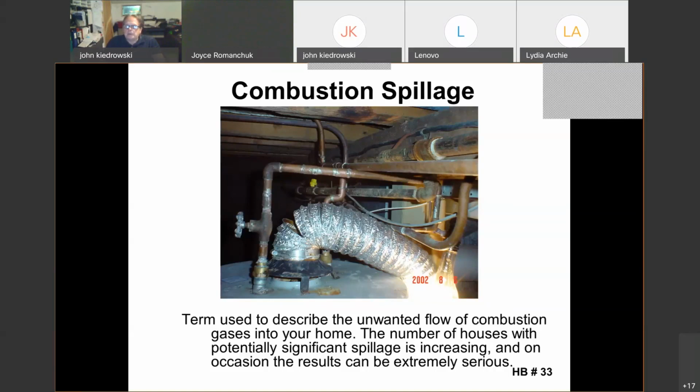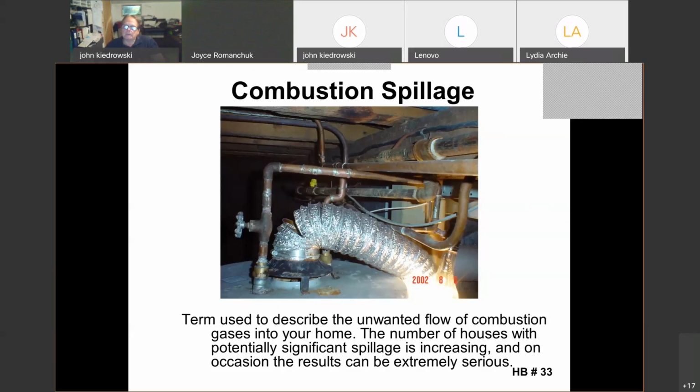Now, the good thing is this was in a crawl space. The bad news is it still can be a reasonably sealed area, in which we could still have some of those products of combustion seeping up through the floor system, a floor that has some open cracks, and we could have some of that spillage enter into the house.